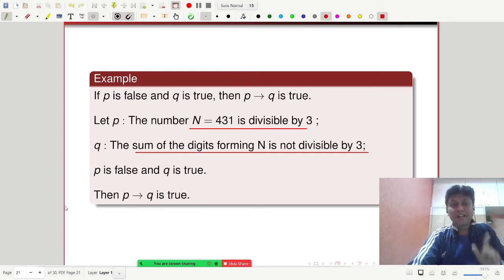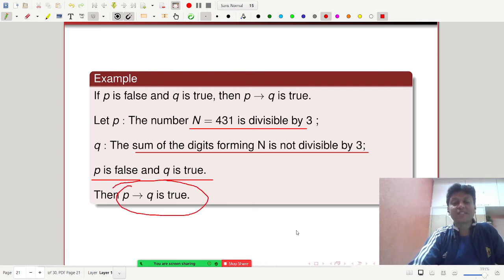So it's very clear that P is false because 431 is not divisible by 3, and Q is true. Yes, if you take the sum of the digits of 431, that is not divisible by 3. So P implies Q is true in this case. So that will give you the idea of how to do the truth table.